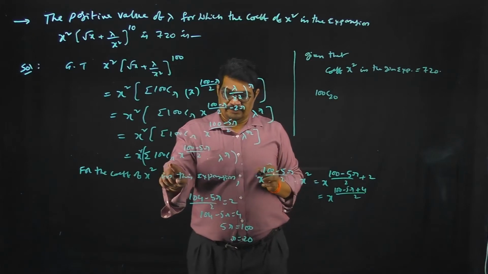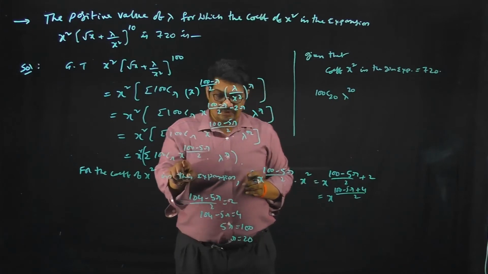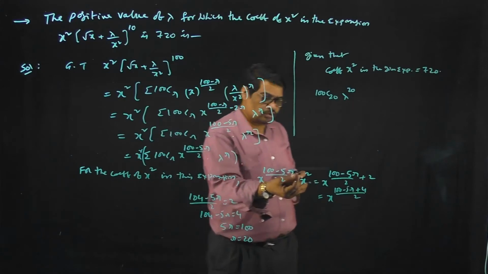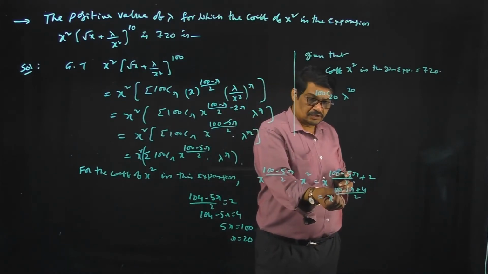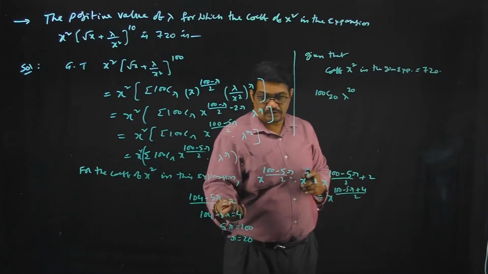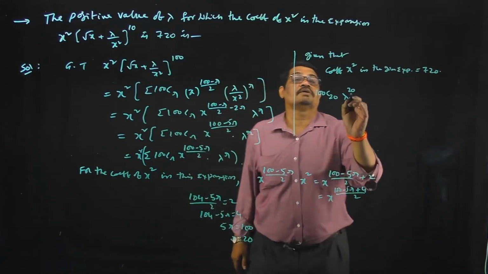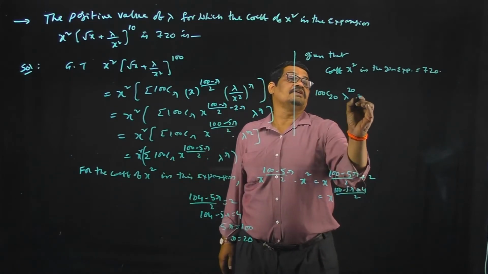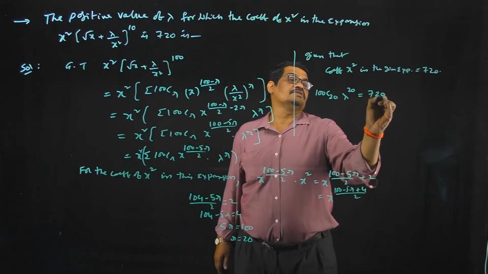Here r is 20, into lambda to the power of r, here 20. Now the coefficient is 100C20 lambda to the power of 20, that is given 720.